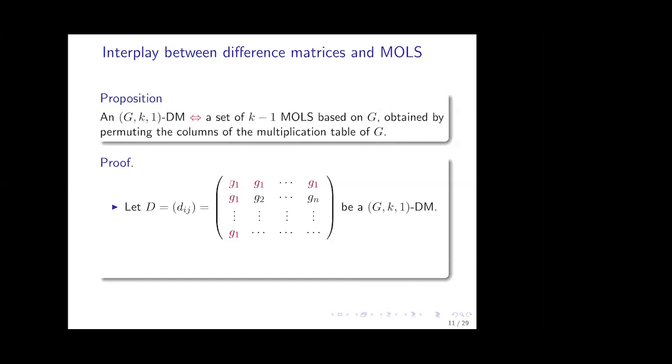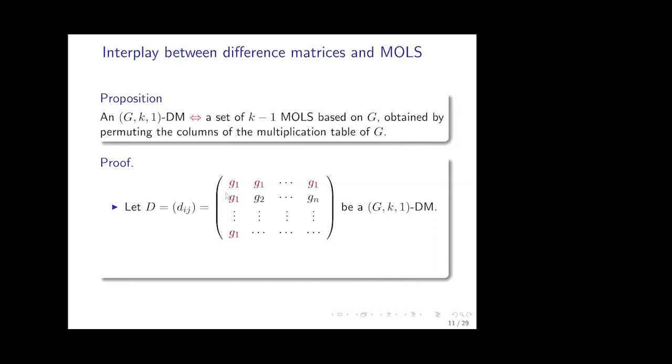So anyway, without loss of generality, for any difference matrix, we can let its first row be the identity. And similarly, we can let the first column also be the identity. For example, if this element is g4, then we can subtract g4 from all of this row's elements, such that this element is the identity.